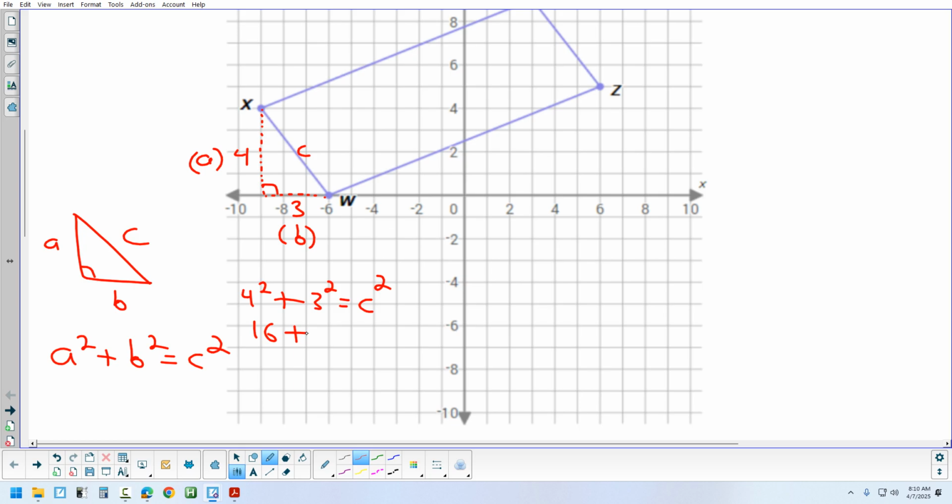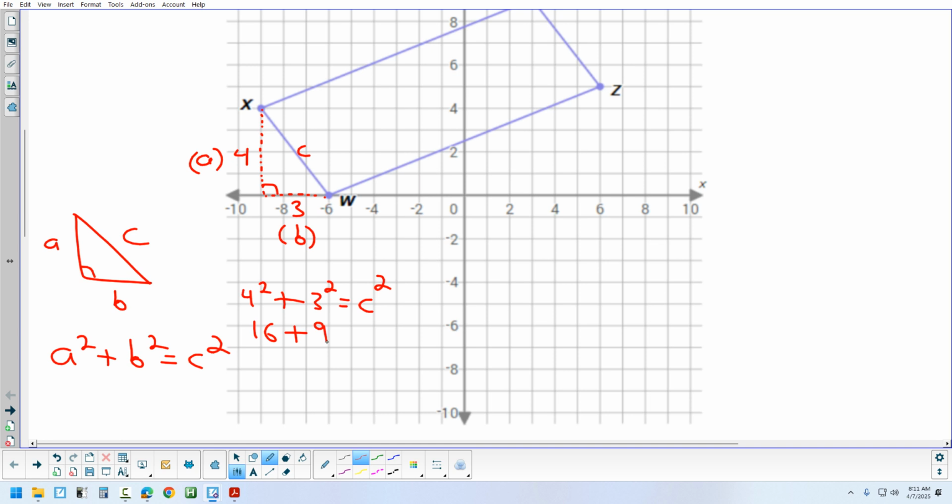So 3 times 3 gives me... so if you add 3 to itself, what's 3 plus 3 plus 3? 9.